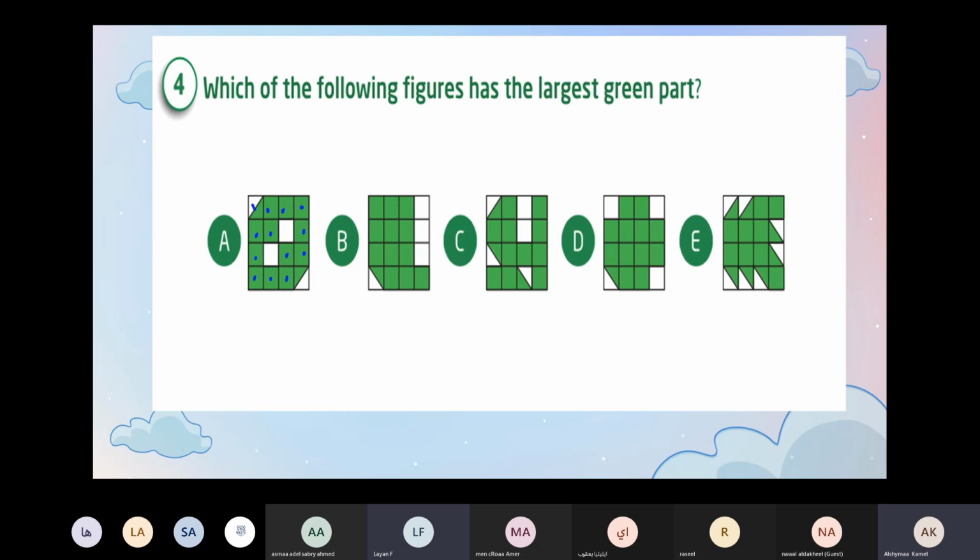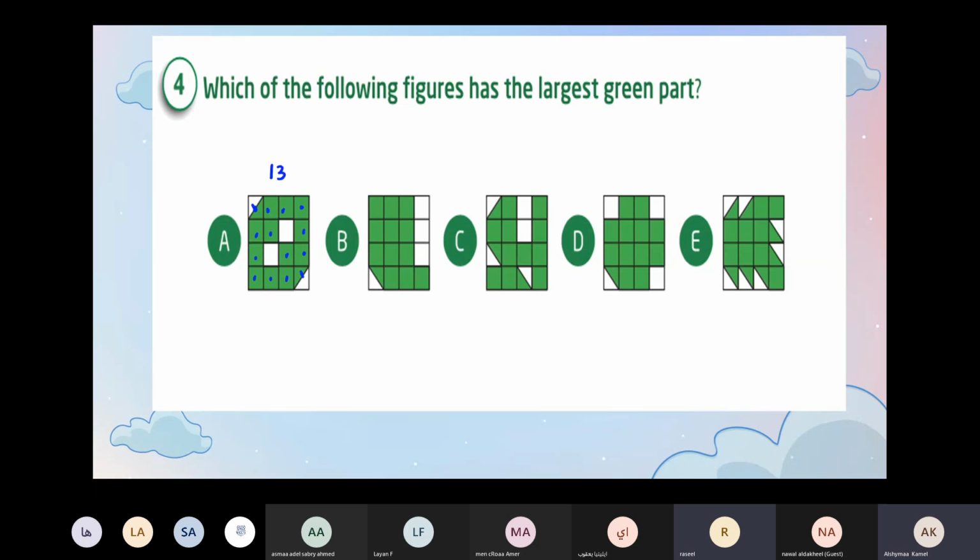And here, half and half will be what? Half and half equal 1, so it will be 13. Rasim, count the choice B.